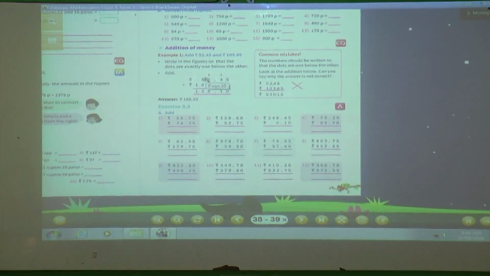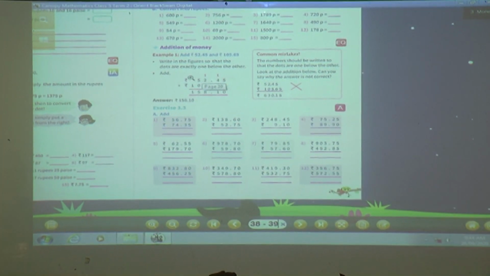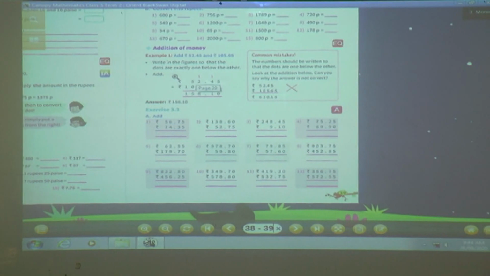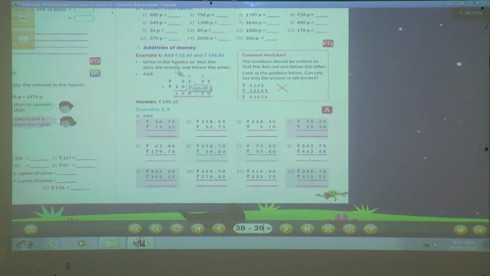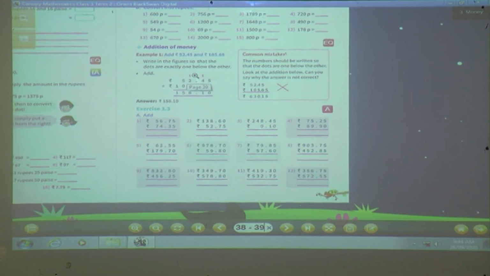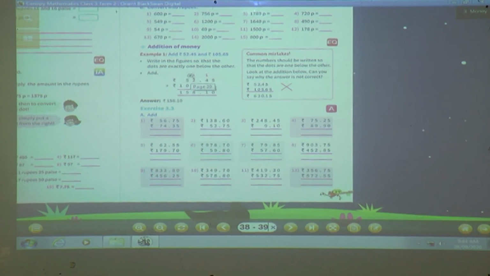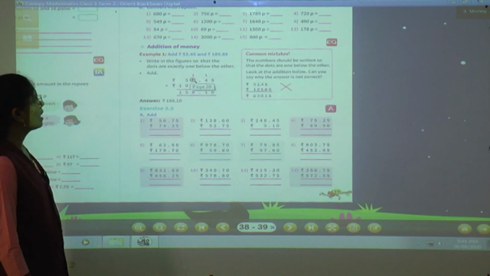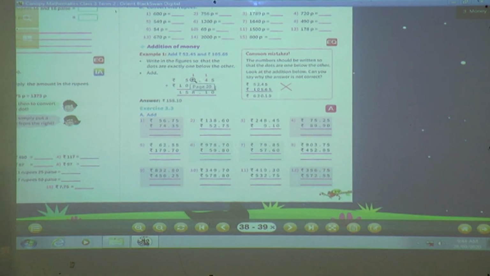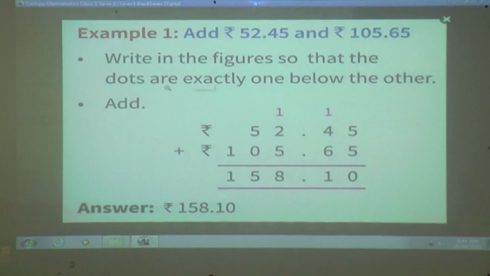Here is one example that is given to us: 52.45 rupees and 105.65. See here, first of all, what you have to do is write in the figures so that the dots are exactly one below the other. While writing the numbers you have to take care of that.